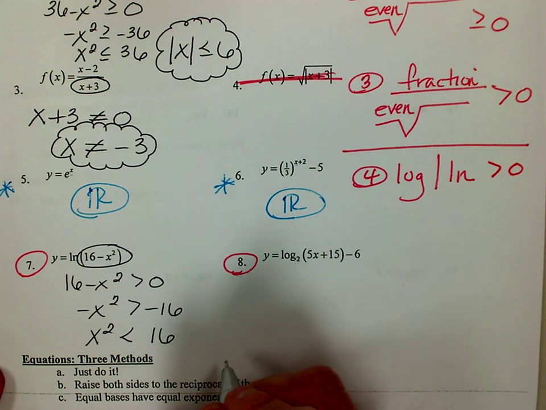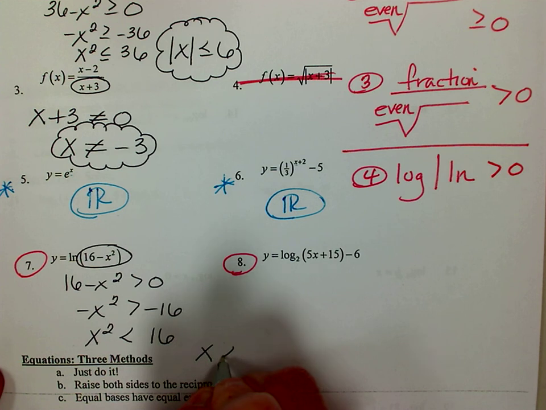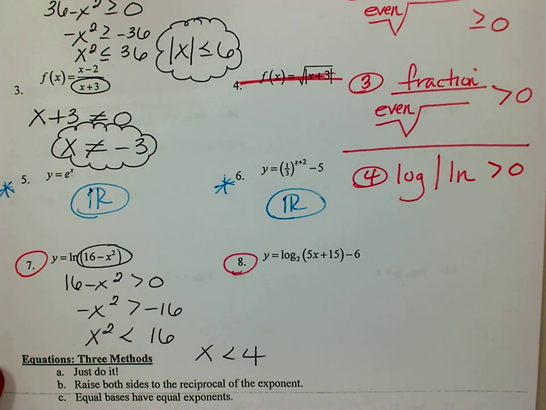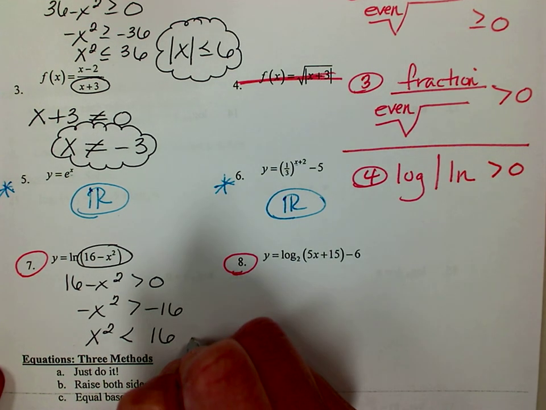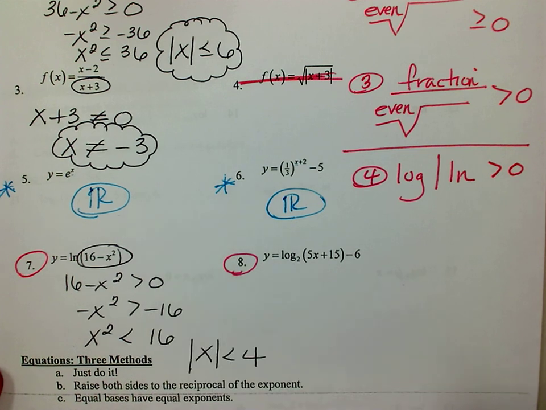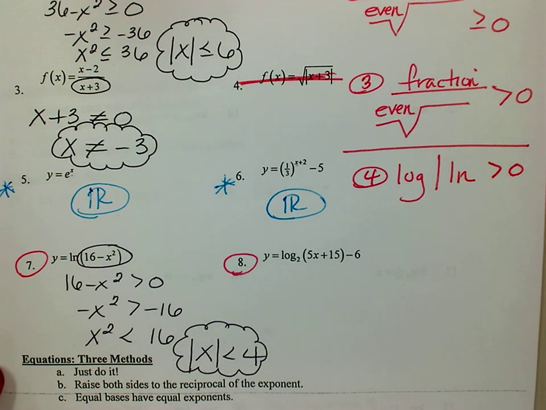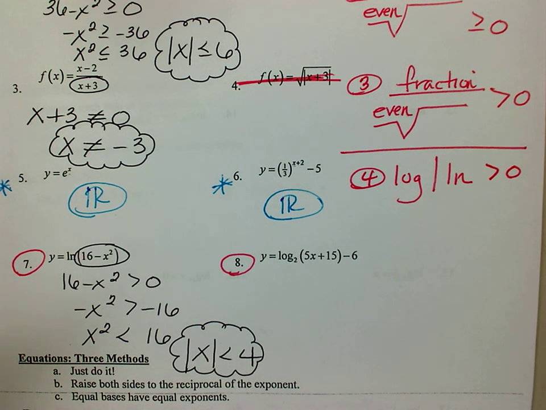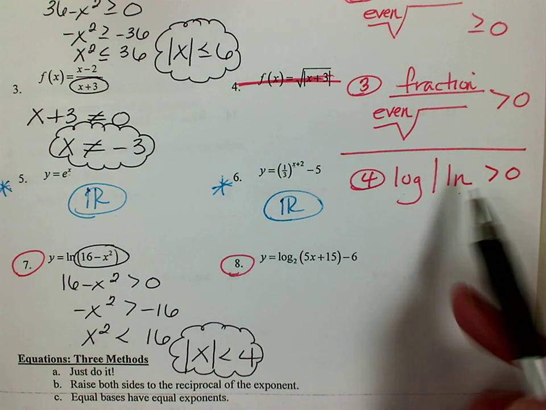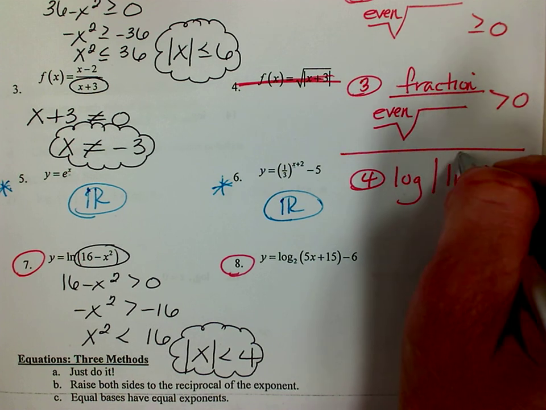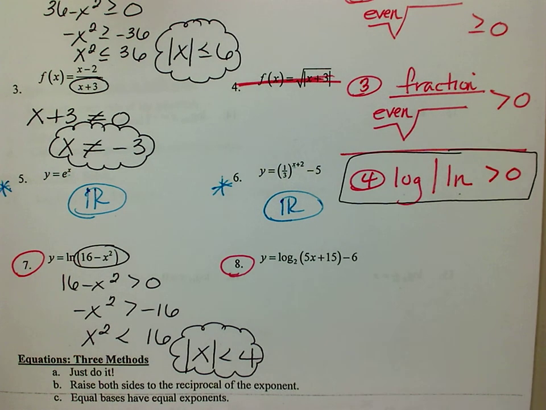And then I got to take the square root. And then since I had an x squared in my question, I have to have an absolute value in my answer. So this is my answer to number 7. So the only difference is that I'm adding a log and a natural log to my set of rules here, and it has to be greater than 0.